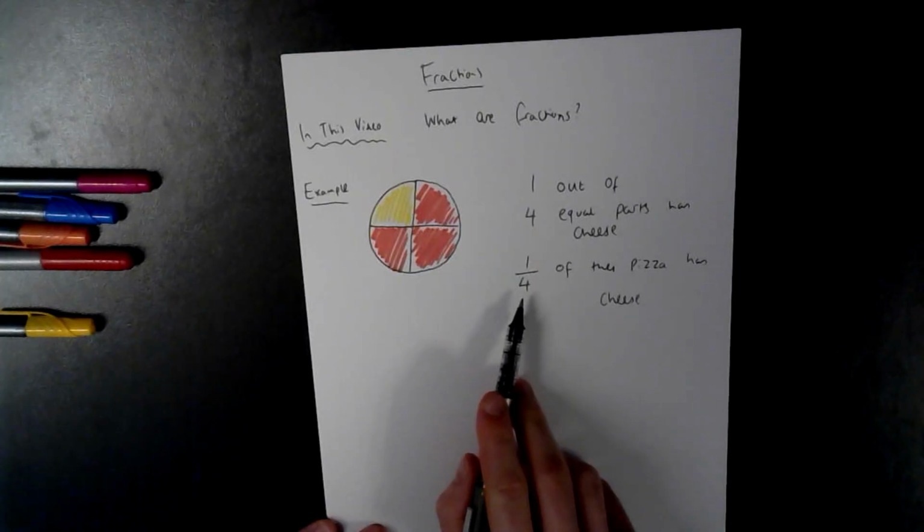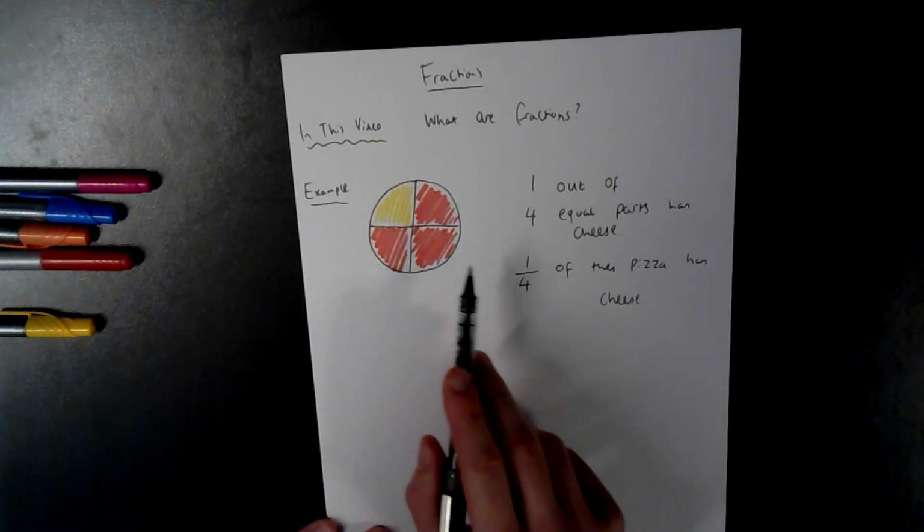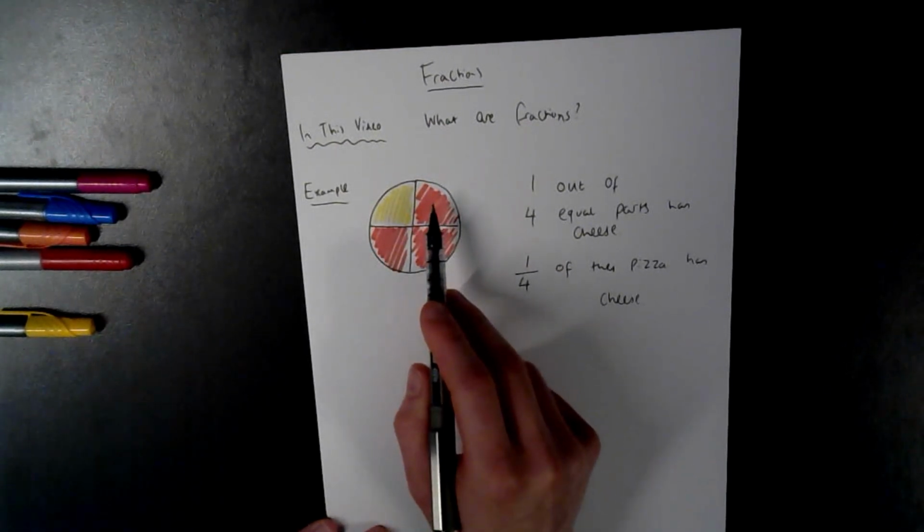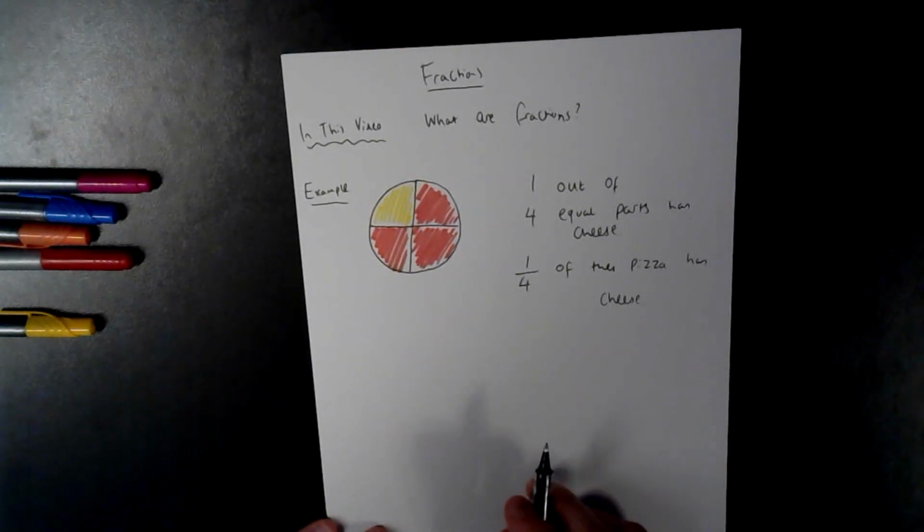So when we write this, we say 1 out of 4 because there's 1 small part out of the whole, which is 4 parts of the pizza, that has cheese.